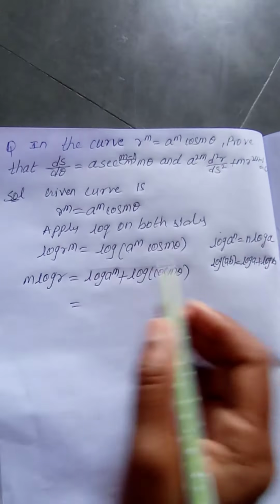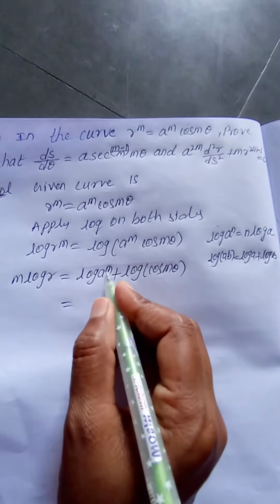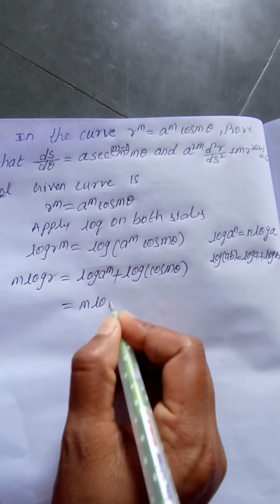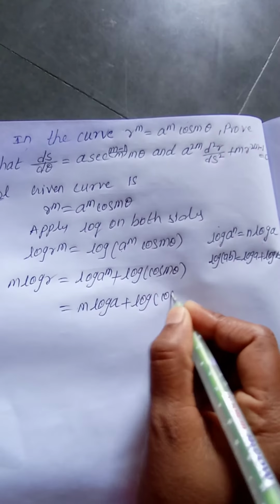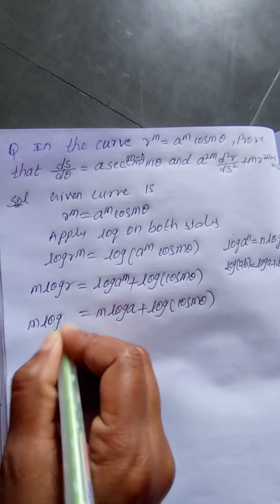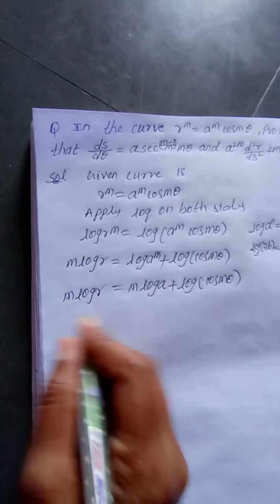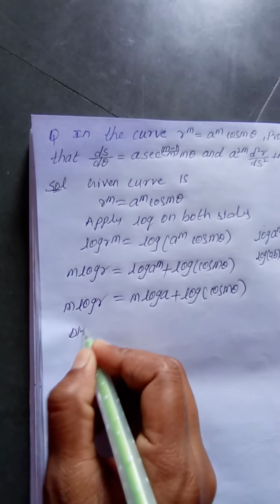It is also in the form of log a to the power of n, so apply this formula: m log a plus log cos of m theta, equals m log r.